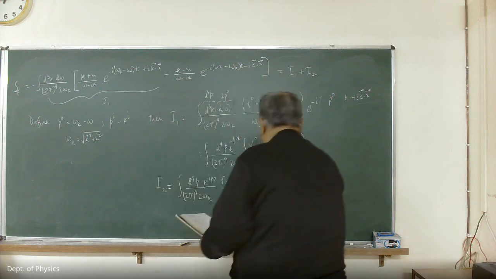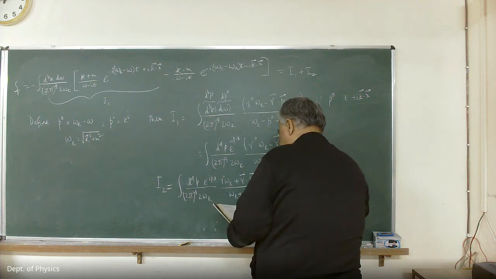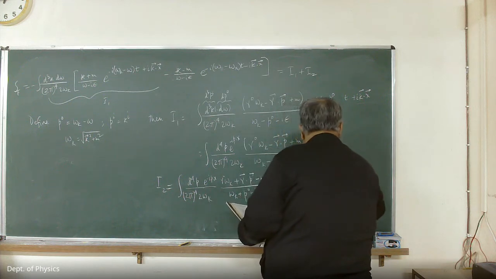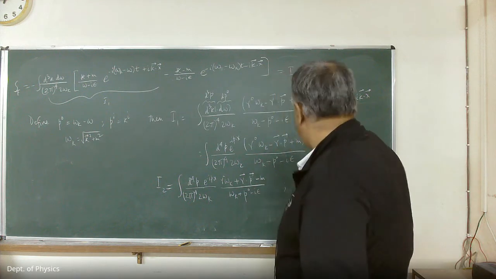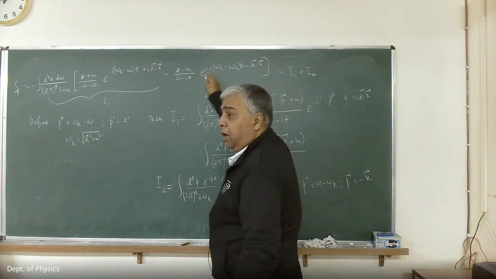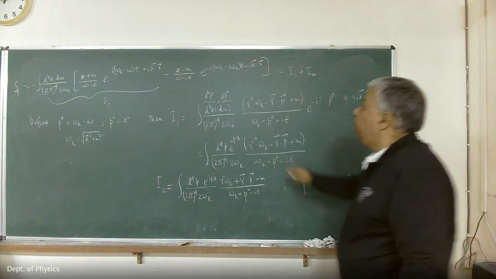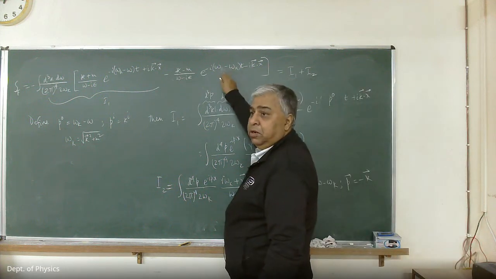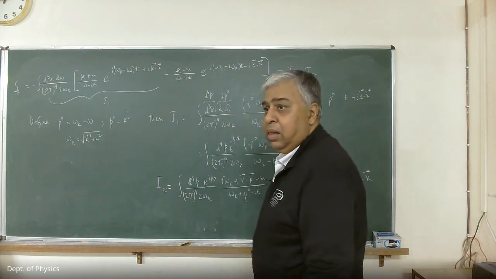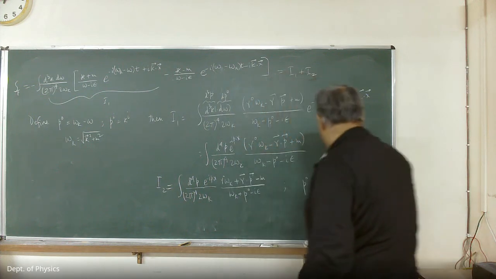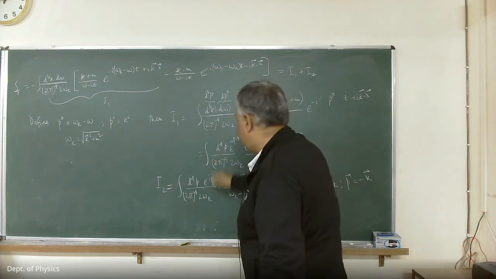Where here we have defined p naught is equal to omega minus omega k and p vector is equal to minus k vector. While doing this, in the second integral I've identified p naught is omega minus omega k, so that it is again e to the power minus i p dot x. And I flipped the sign of k to p, so that it becomes this.